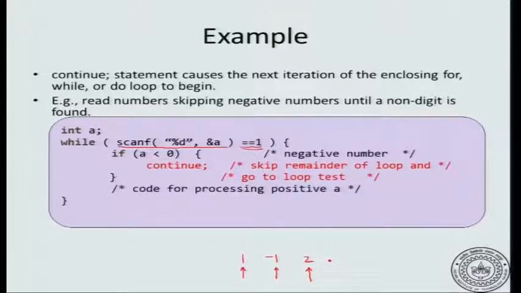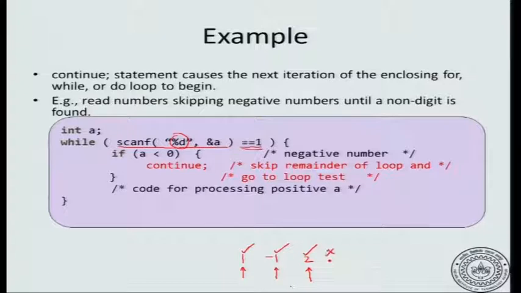For example, we are trying to read an integer with the %d specifier. When we try to read the first entry, it should succeed. When you try to read the second entry, it should succeed. The third entry, it should succeed. In all these, scanf %d will return a 1, because one entry has been read correctly.